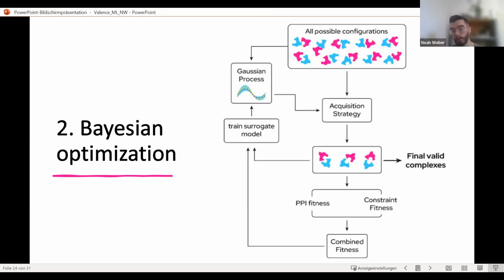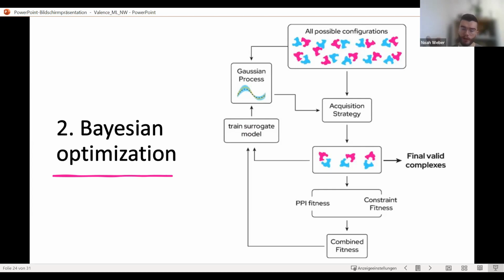So as I said, initially the PPI fitness interaction is super important, but this is not the whole story. Second aspect is, how do we make sure that the PROTAC is inserted in between the two proteins in a stable way? So we need the constrained PROTAC fitness such that the energy is still minimal, even after the PROTAC is fitted between these two molecules.